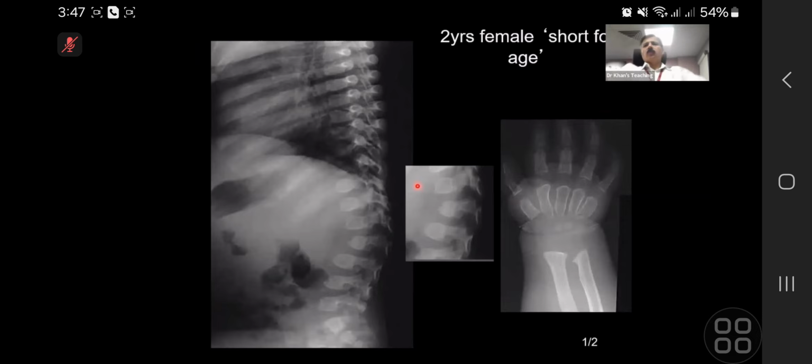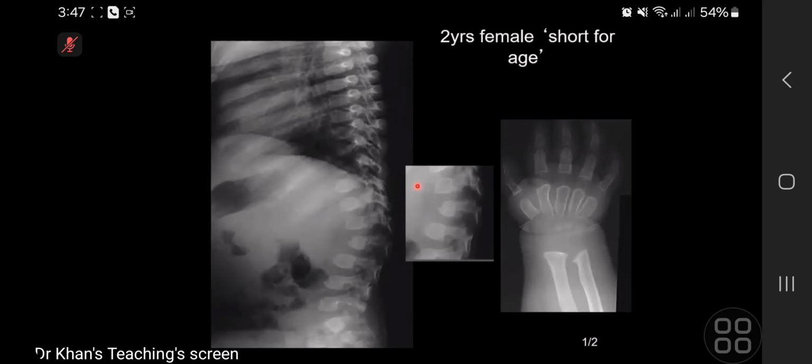Okay, so this is a frontal radiograph of a hand and a lateral spinal radiograph of a 2-year-old female who's short for age.